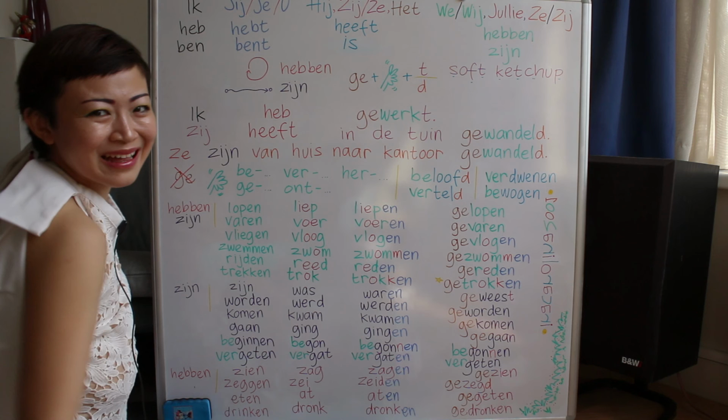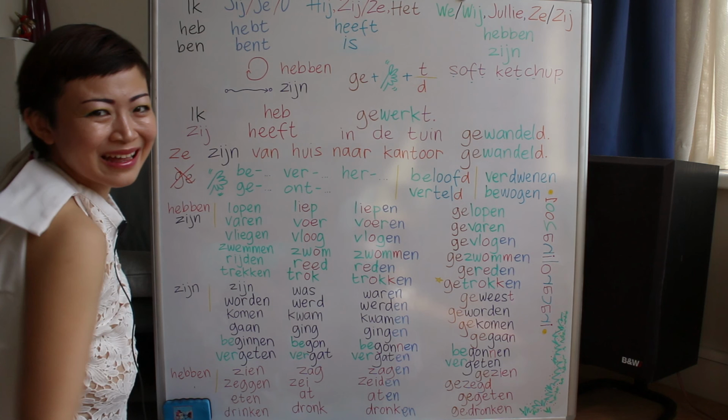It's be. Vergeten, vergat, vergaten. Vergeten. Forgotten. Because forget, forgot, forgotten. Ver. No ge.